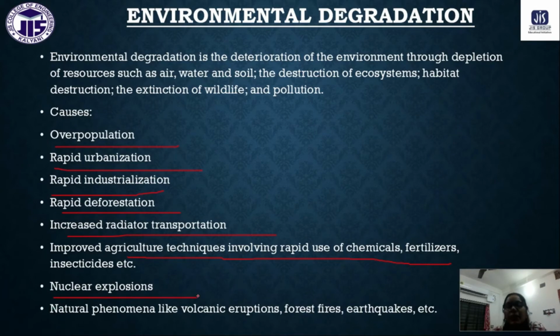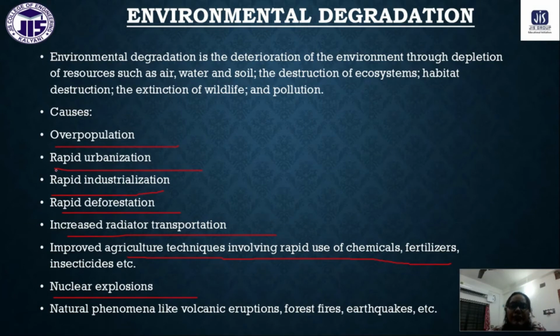And the last is the nuclear explosion. Obviously, from the nuclear explosion, uranium and so many harmful radioactive elements are discharged into the environment, which is very harmful.